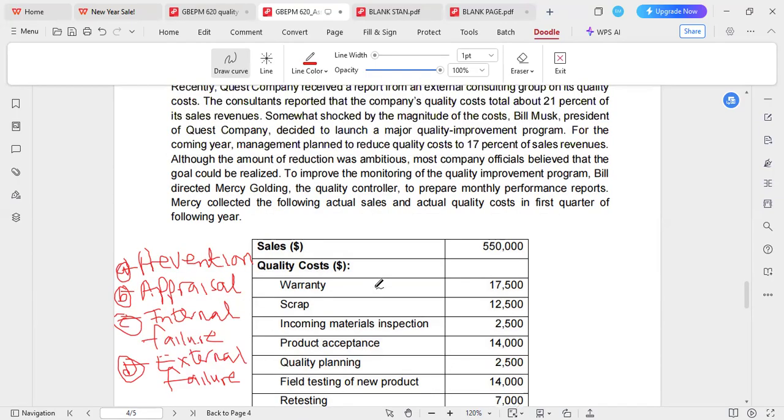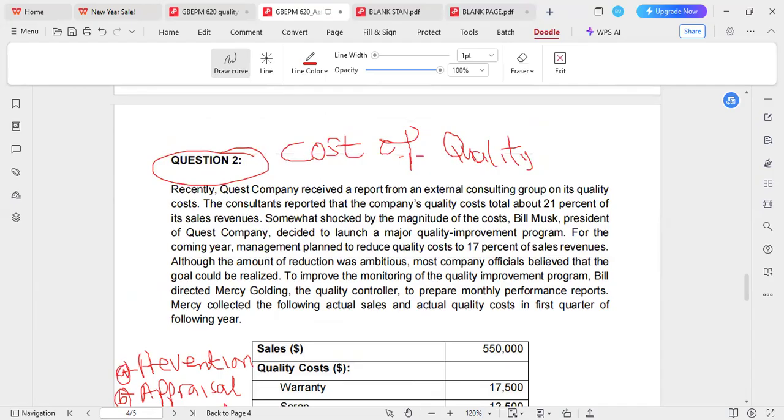So we need to look at this question too, where we need to categorize the costs. Recently, this company received a report from an external consulting group on its quality costs.